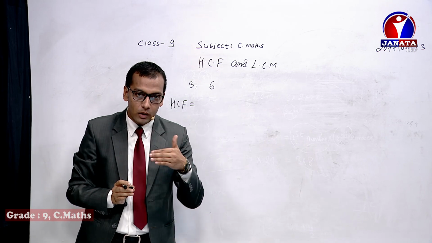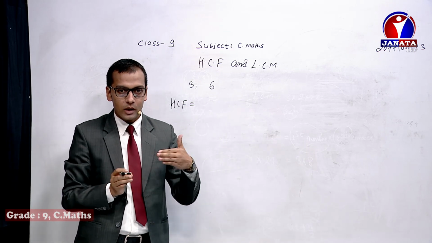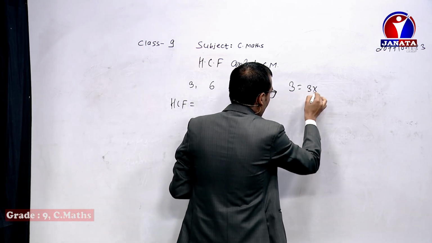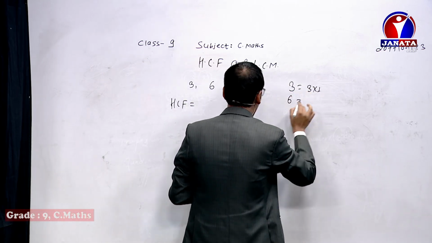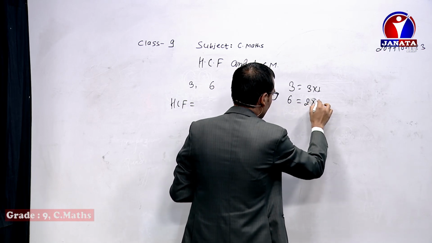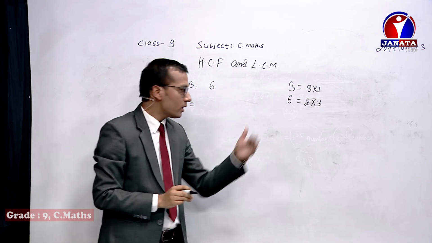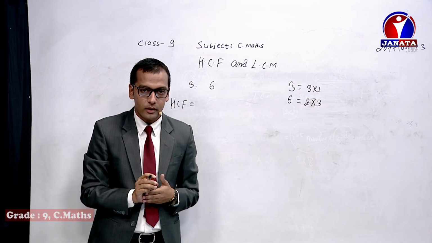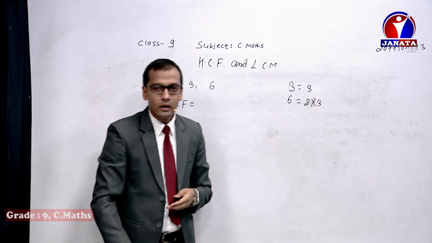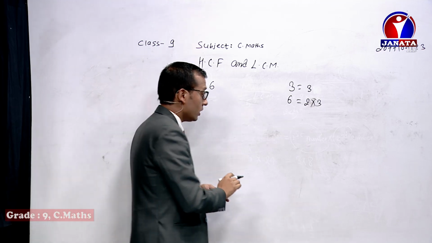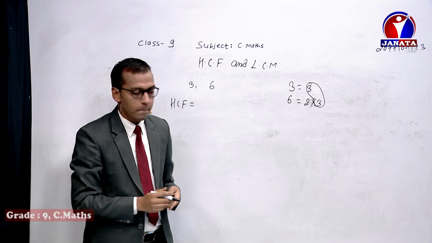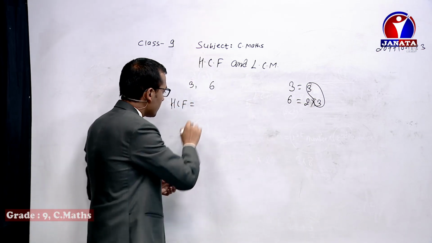The numbers that are common to both. 3 is 3 times 1, 6 is 2 times 3. 1 is always common to all numbers and algebraic expressions, so we don't need to mention it. We can pick out the common factors here. 3 is common. So HCF is 3.